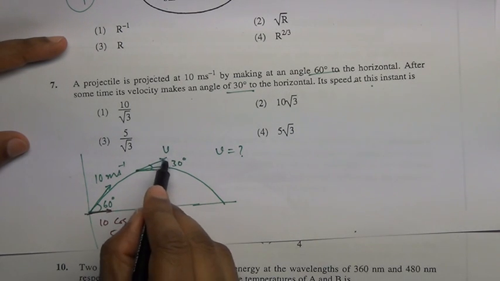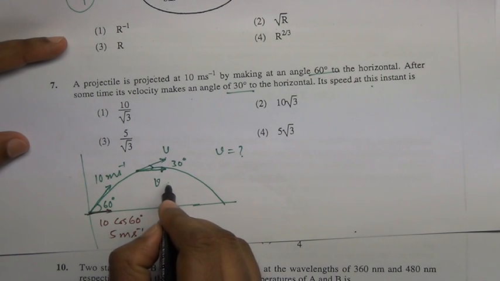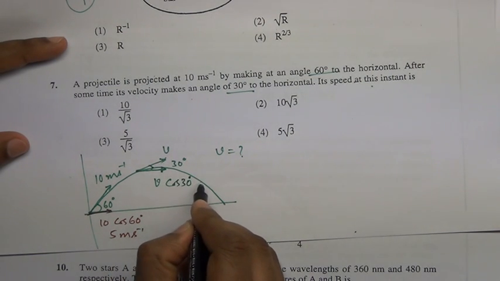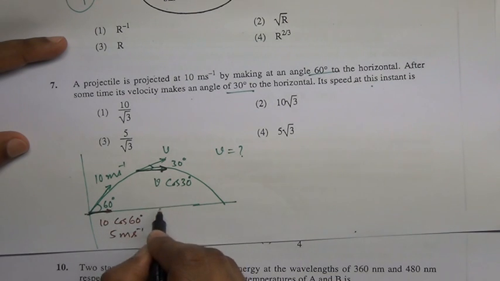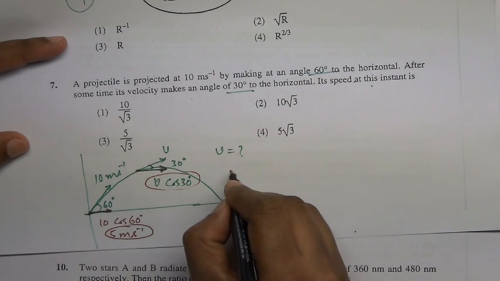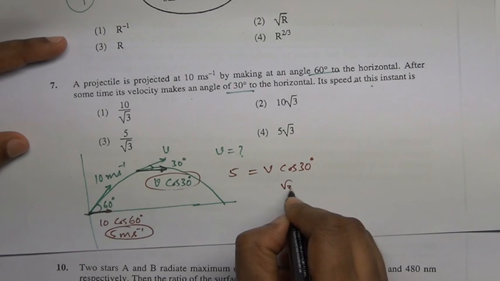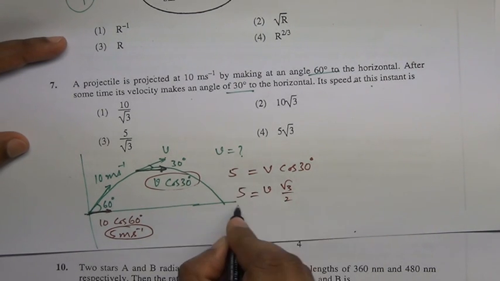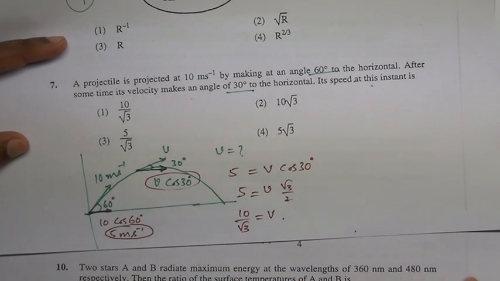If this is v and this is 30 degree, then the horizontal component is v cos 30 degree, but the horizontal component of velocity remains the same. So 5 meter per second must be equal to v cos 30. Cos 30 is root 3 by 2. So v is 5 into 2, 10 by root 3. Therefore the velocity is 10 by root 3.